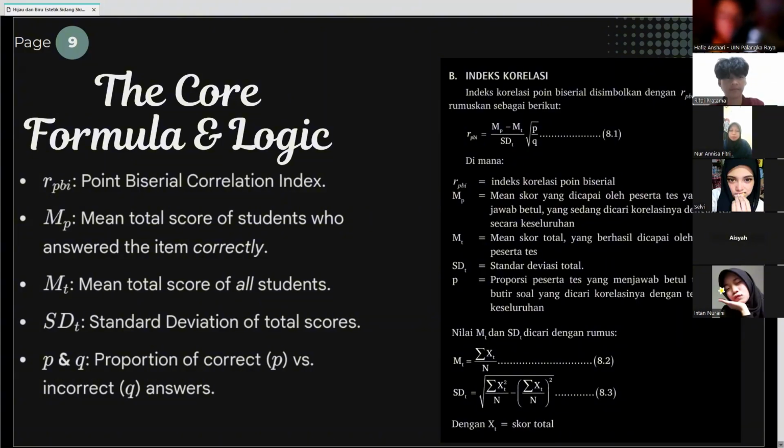This shows how the overall question should behave, so the formula can detect a normal pattern and tell whether the question is valid or not. But if the top students are getting it wrong, while the lowest scoring students are getting it right, the formula will flag it, indicating that the question is misleading or flawed.